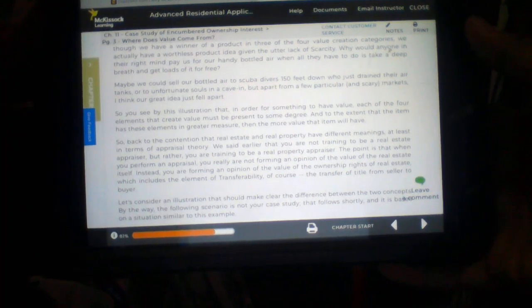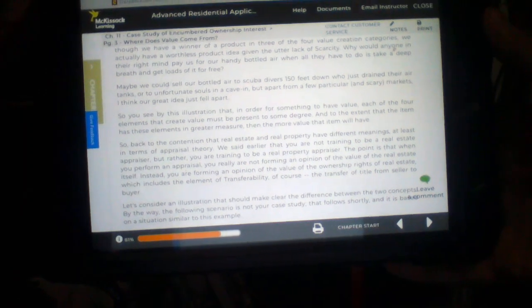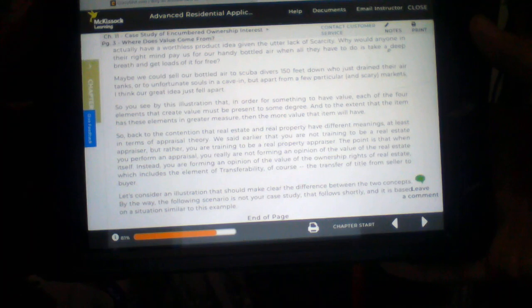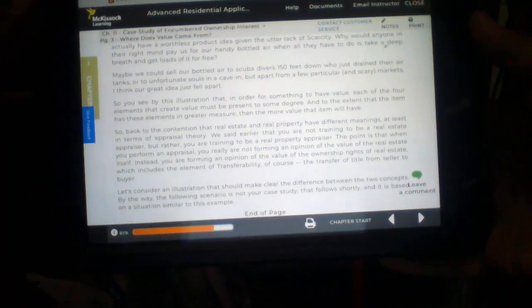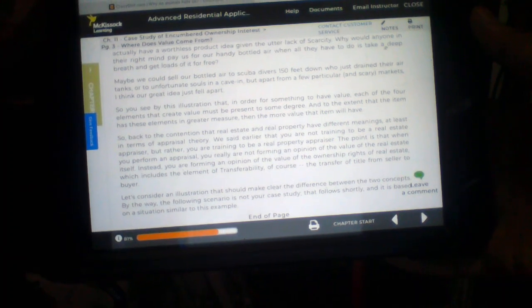So even though we have a winner of a product in 3 of the 4 value creation categories, we actually have a worthless product idea given the utter lack of scarcity.